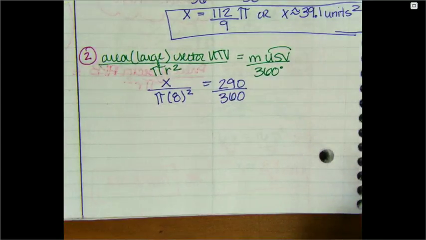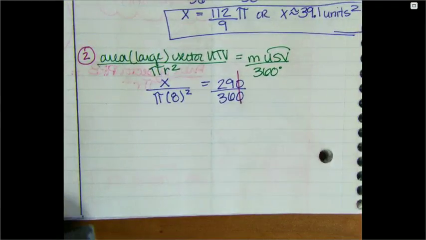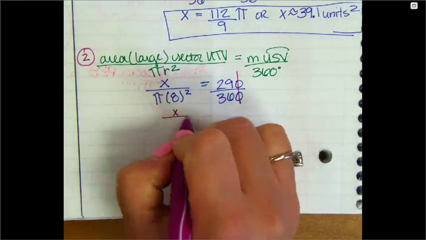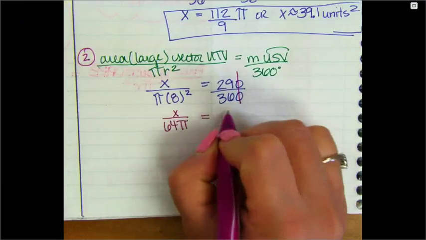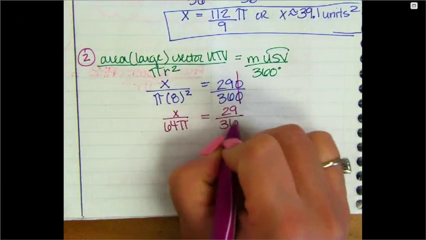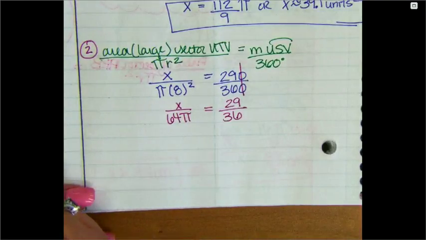What now? Cross out the zeros. Okay. So x over 64 pi equals 29 over 36. What now? Cross multiply. Tell me what I get.